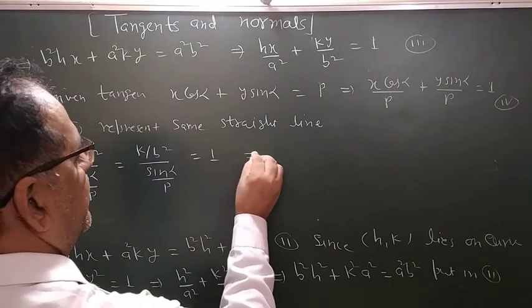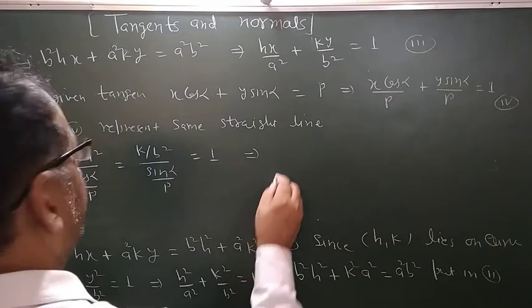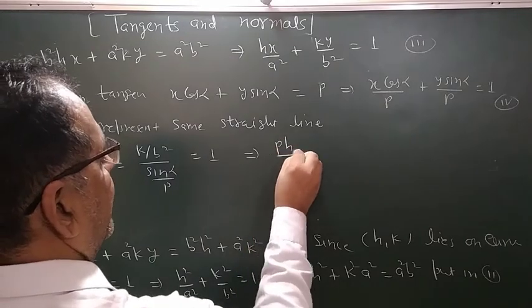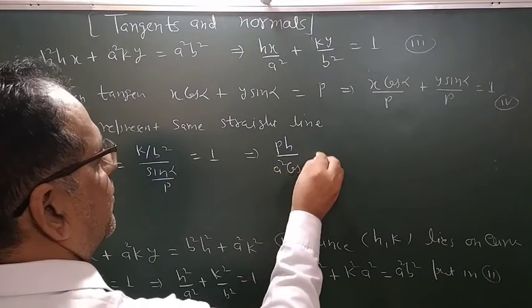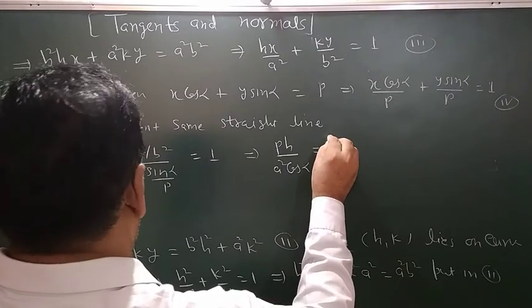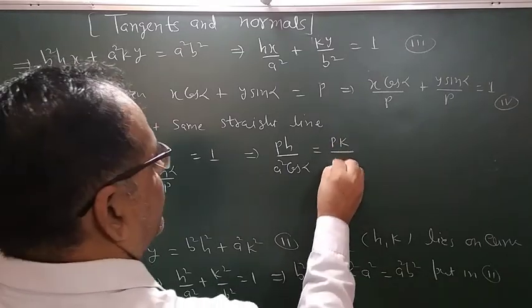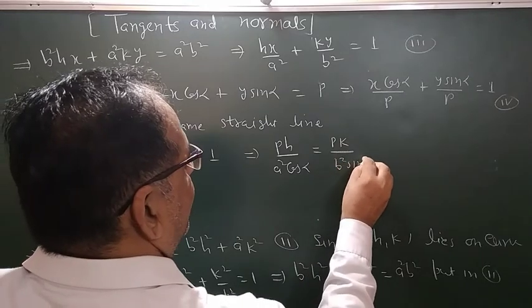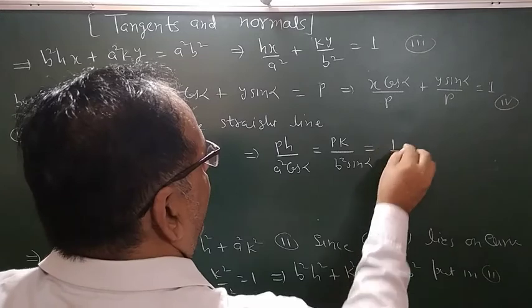So after comparing, this can be written as p h upon a square cos alpha equal to p k upon b square sin alpha equal to 1.